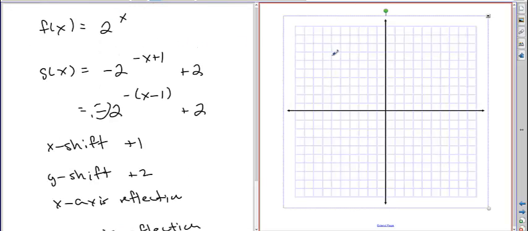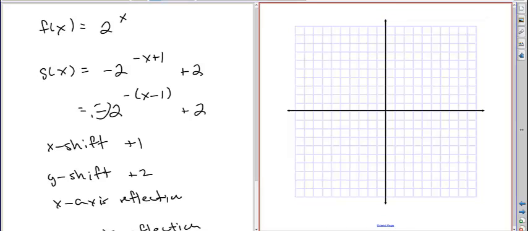So we're going to do the parent function, which is 2 to the x. So again, we start at the origin, go up 1. They all do that. Then you have 2 to the first power, 2 to the second power, 2 to the third power.